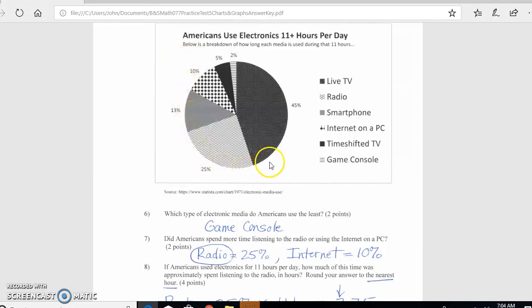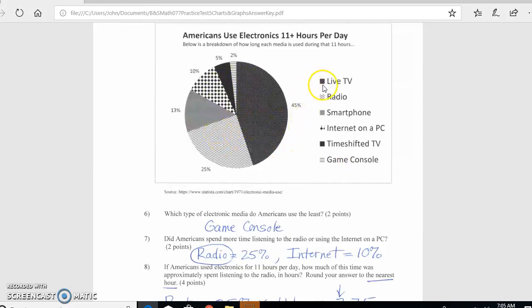And so we have this pie chart, and it's broken down into the different pieces based on the different media that are used, and we see that we have the percent given on the outside of the chart for each of the different forms of electronic media. And then over here on the right we have the legend that tells us what each of these pieces corresponds to.